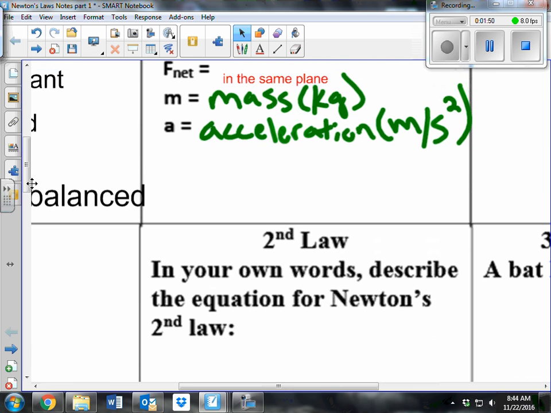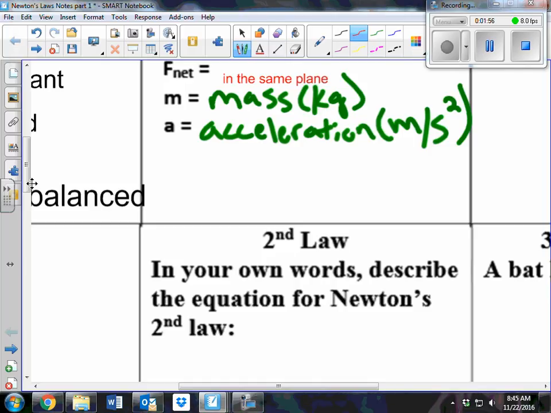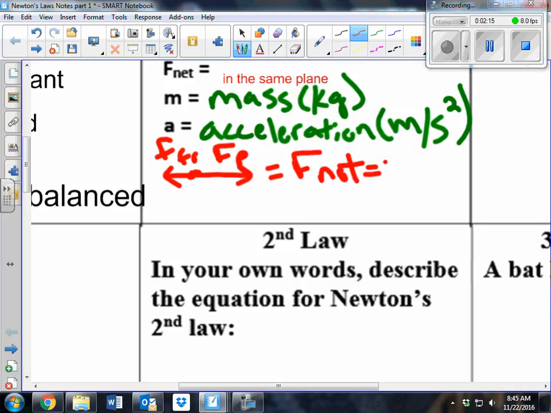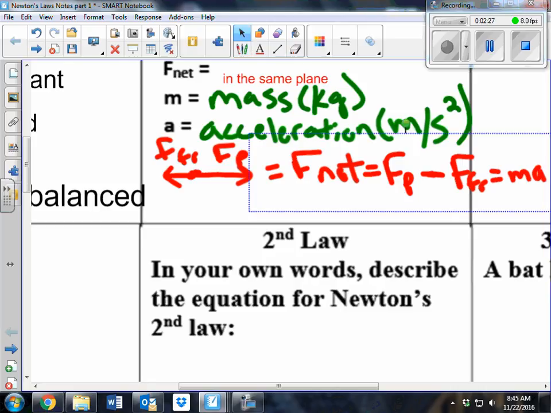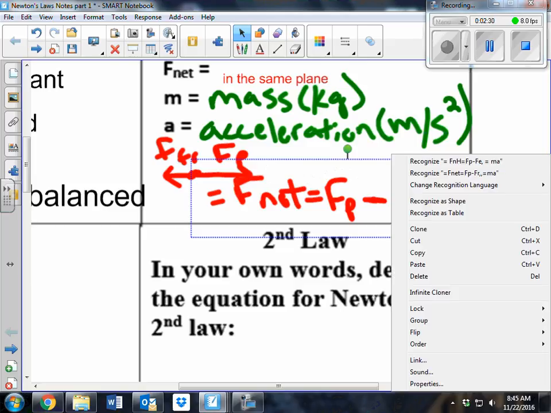And so here's the really, really important part about F net. F net is the sum of all the forces. So if I have a box that's sliding this way and I'm pushing it, I have some type of force called friction pulling the other way. So the F net would be the force of my push minus the force of my friction, and that would still equal my mass times my acceleration.